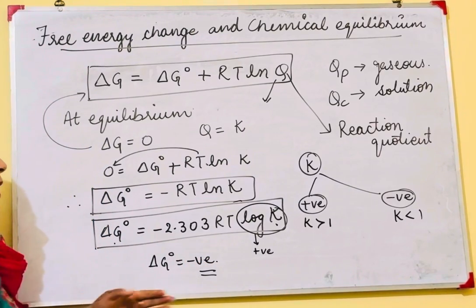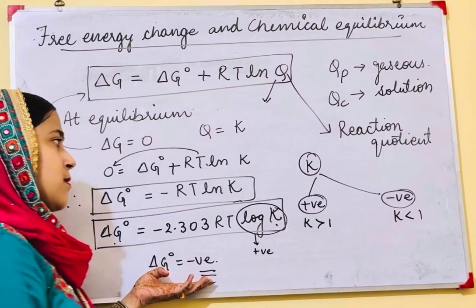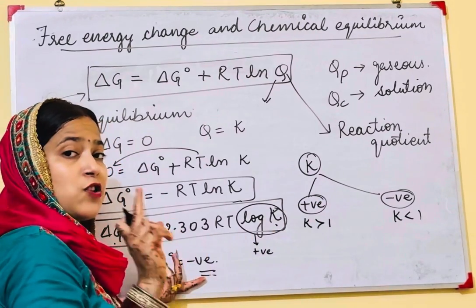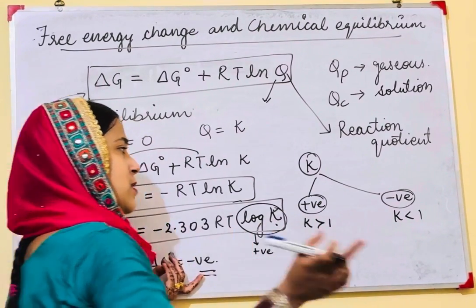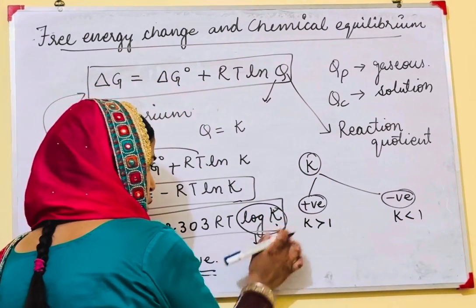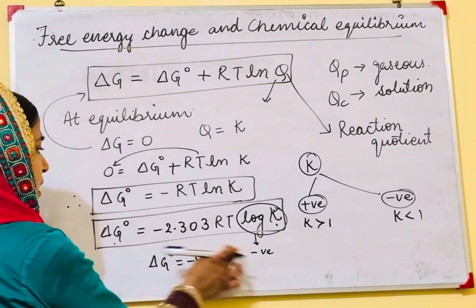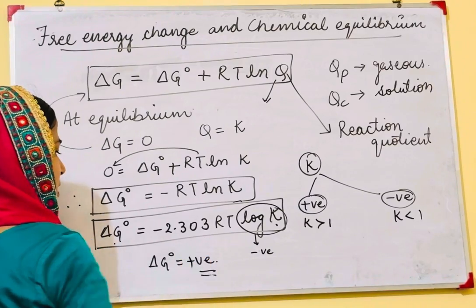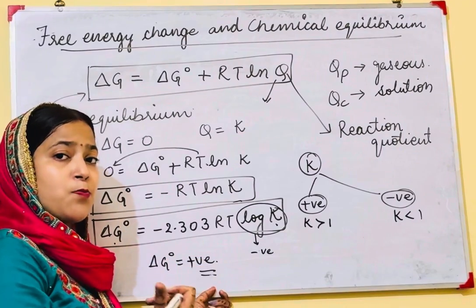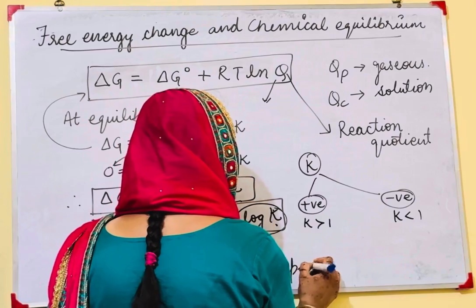If it becomes negative, then we can say that the reaction is spontaneous. Now think in reverse. If this K value is negative, then this whole expression will become negative, and with the negative sign it becomes positive, so delta G naught will become positive. If delta G becomes positive, then the reaction is non-spontaneous.